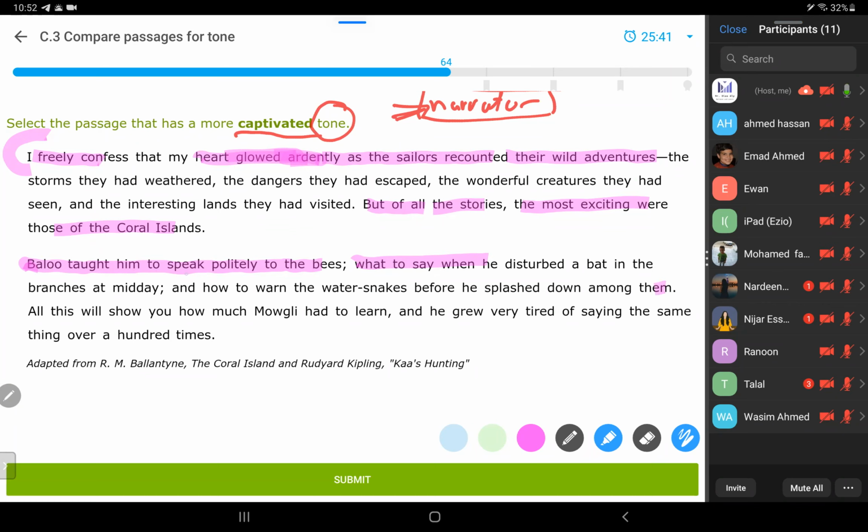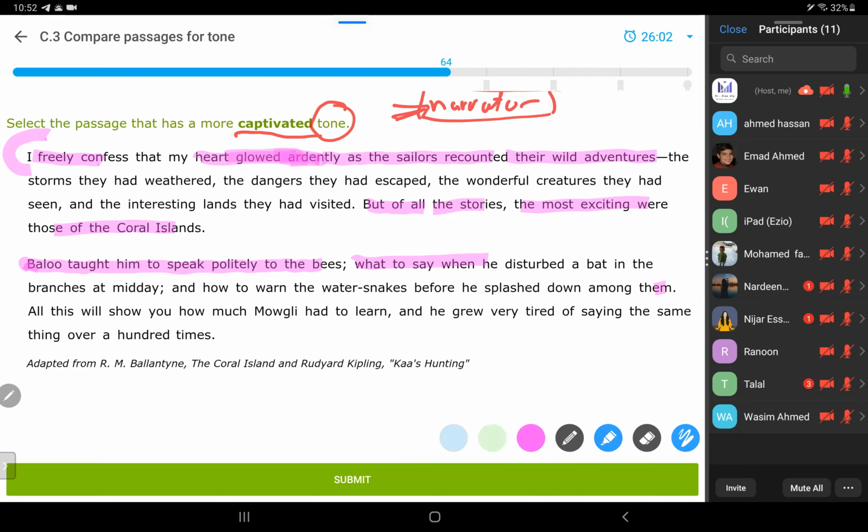This is third person point of view. This means that the narrator is not inside the story, just telling you what is going on.